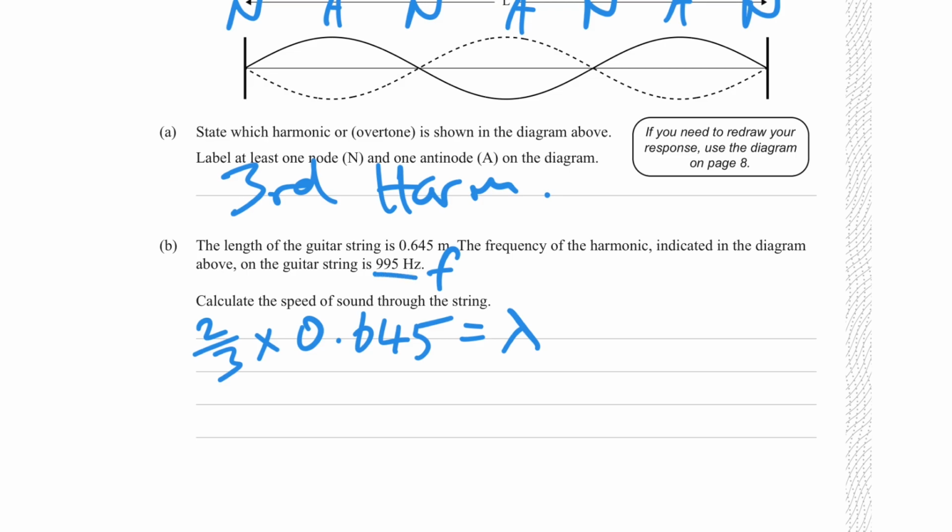So we're dealing with v equals f lambda to find the speed of sound through the string. So the frequency 995 times whatever this part works out to be. I'm not going to go through the calculation, you can do that yourself. A little bit unusual, calculating the speed of sound through the string, because typically we're interested in the speed of sound in the air.